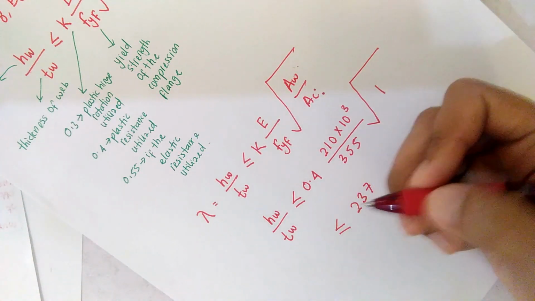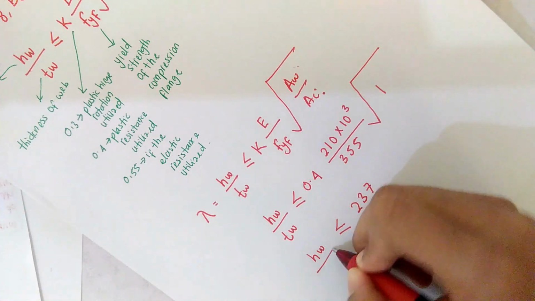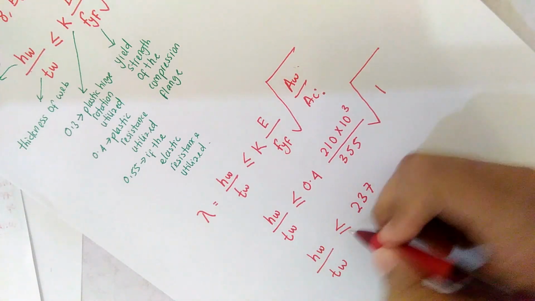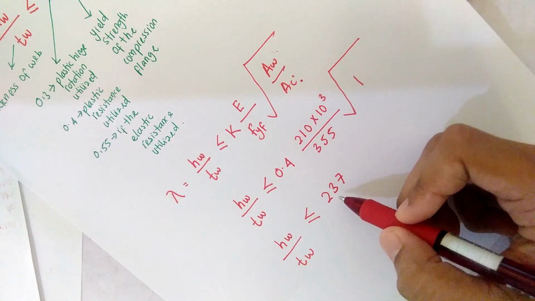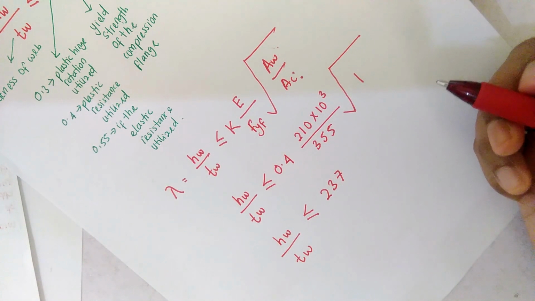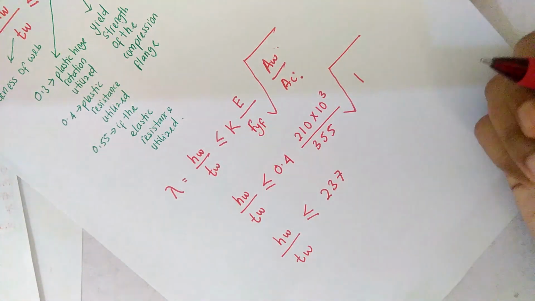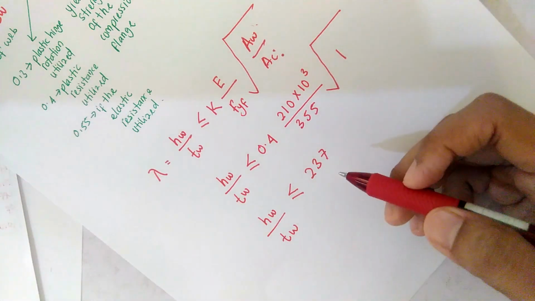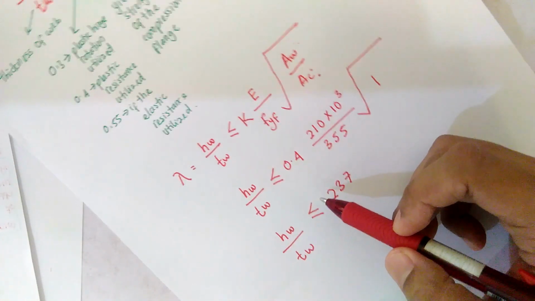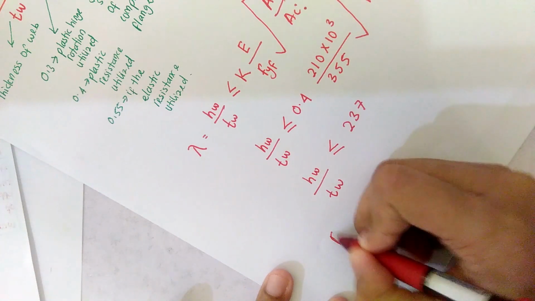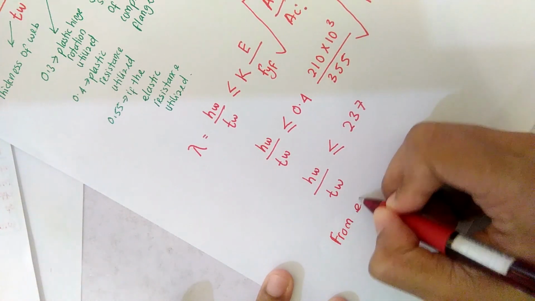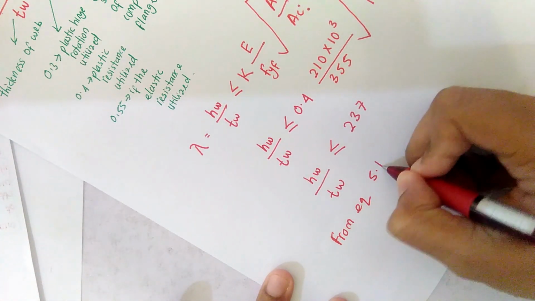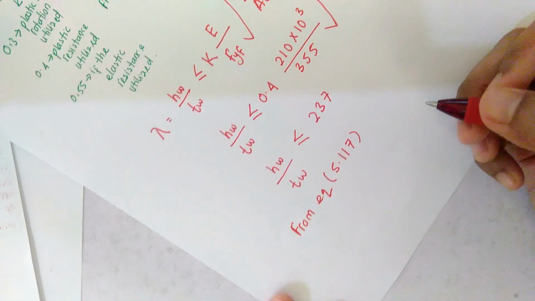Meaning that your HW over TW is less than 237. Once you get this 237, from this equation, now let's go to the next equation, which is equation 5.117.